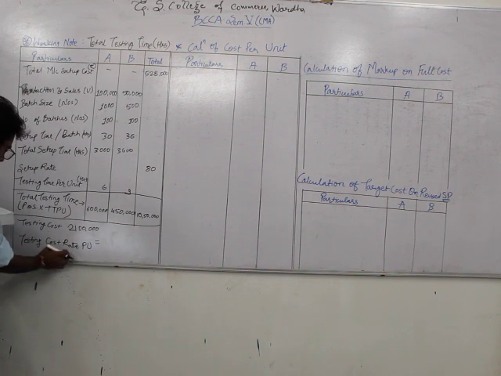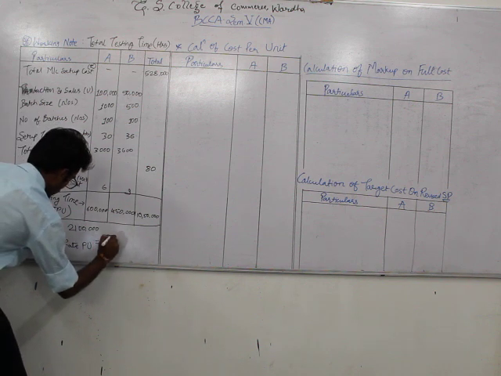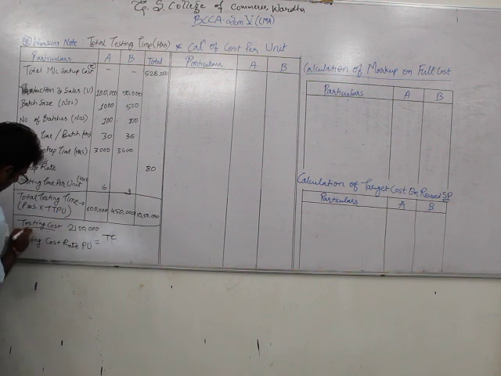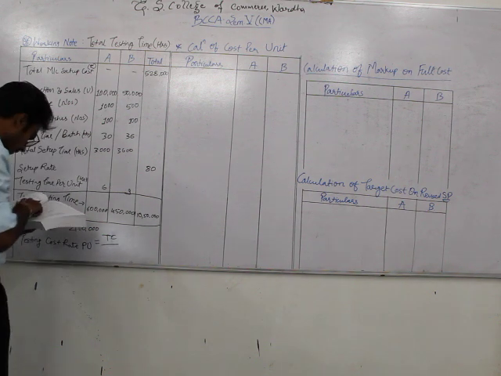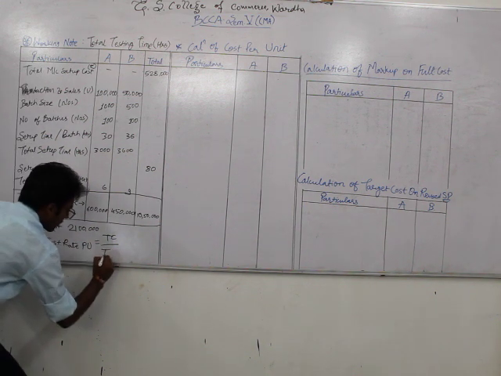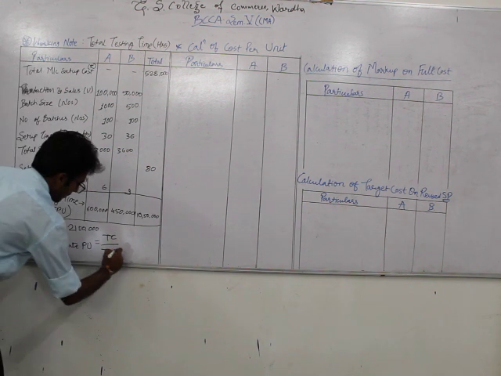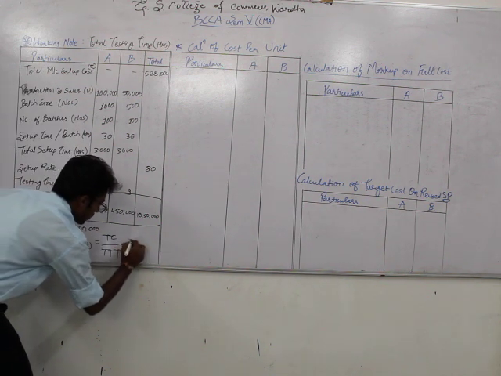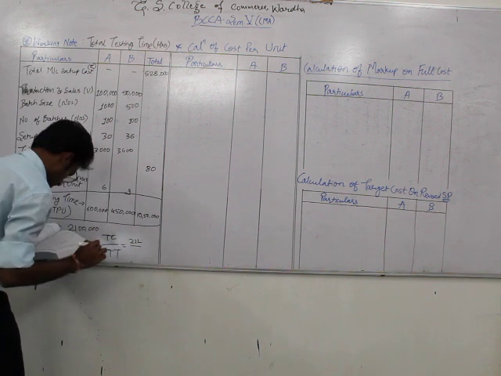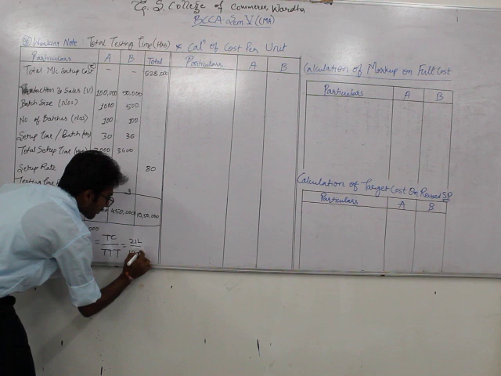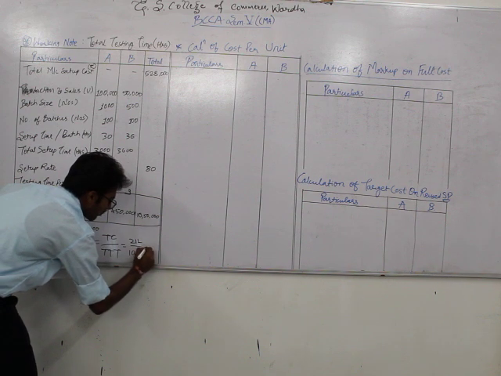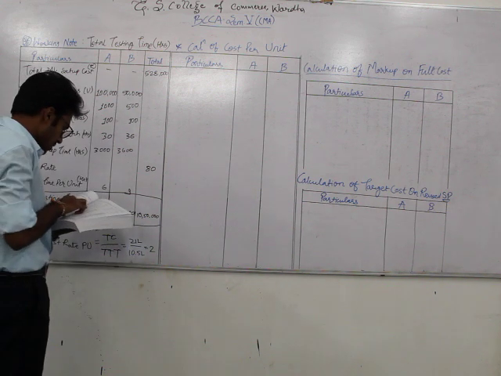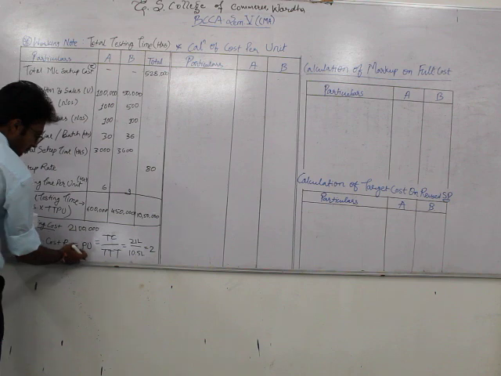The formula will be total testing cost divided by total testing time. So this will be 21 lakh divided by 10.5 lakh, which equals 2, and this will be your testing cost rate per unit.